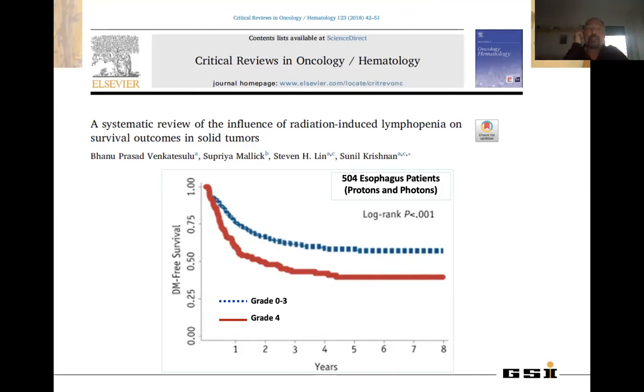This is a recent paper, for example, showing for esophagus cancer the difference in disease-free survival for patients having severe lymphopenia in red and no lymphopenia or moderate lymphopenia in the dotted line. You see that these patients with severe lymphopenia have a much worse prognosis than those with moderate or no lymphopenia.